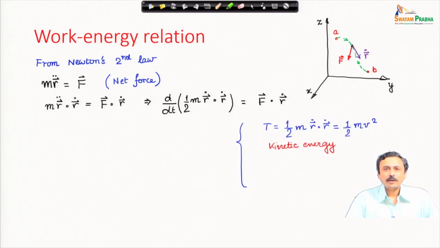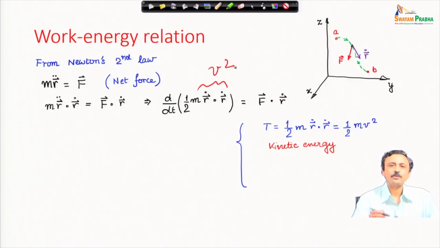Now, you know that this expression half m dr/dt dot dr/dt is nothing but half m v squared, because r dot dot r dot is r dot squared, basically velocity squared. This is the magnitude squared of that vector, which is velocity squared, and this is the expression of kinetic energy of the particle.